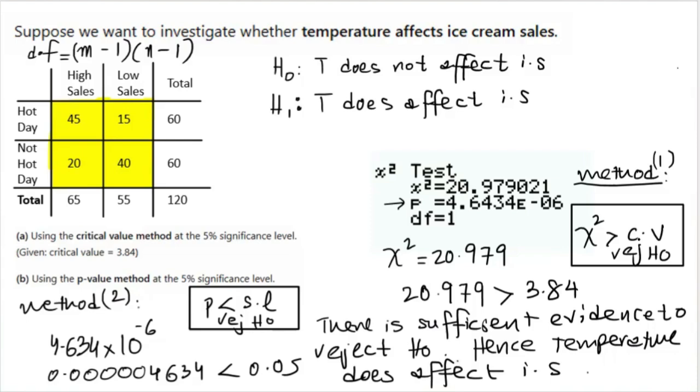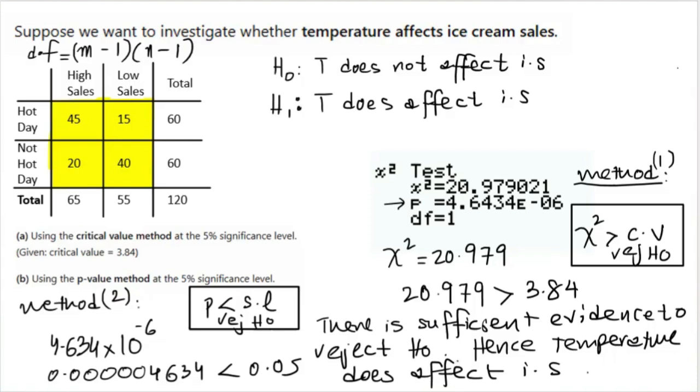How do you reject or accept your claims on the basis of the chi-squared value? How do you reject or accept the claims on the basis of the p-value? There's a slight difference: p-value, if less than significance level, reject H naught. If chi-squared value is greater than critical value, reject H naught, and vice versa on the other hand. Please do rewind it and note down these steps.